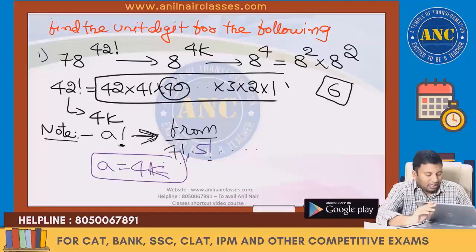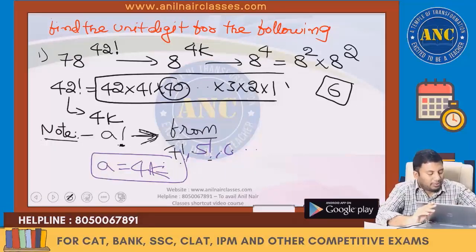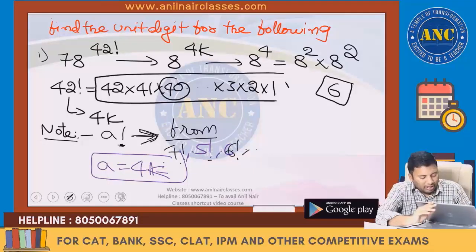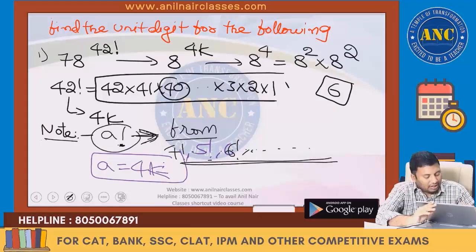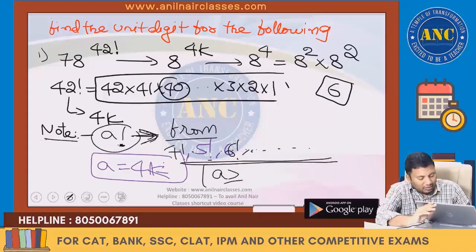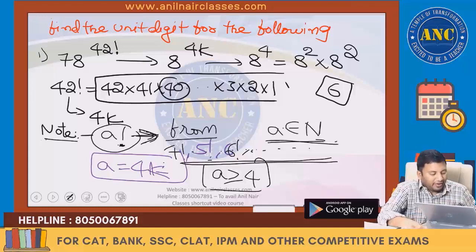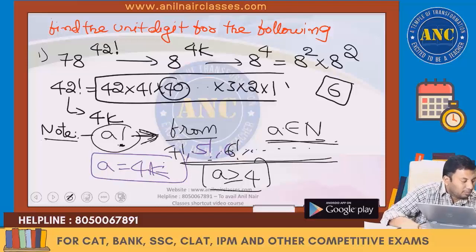4 factorial, 5 factorial, 6 factorial, 7 factorial. If any natural number a is greater than or equal to 4, a factorial is always divisible by 4k.